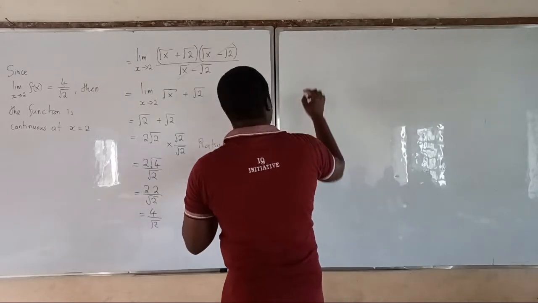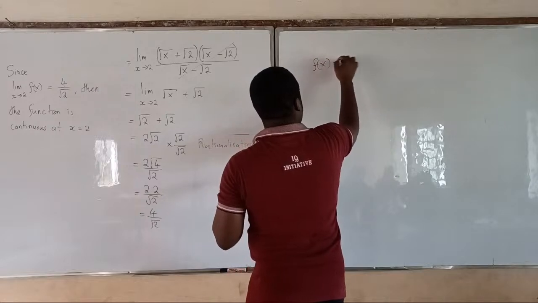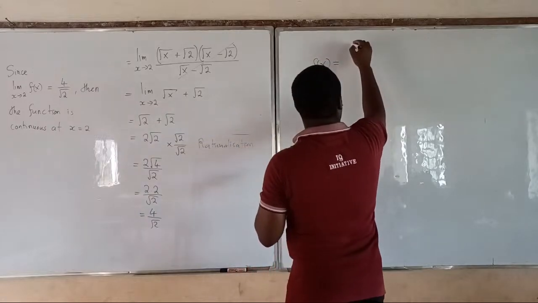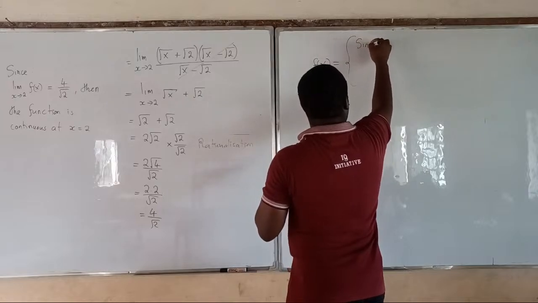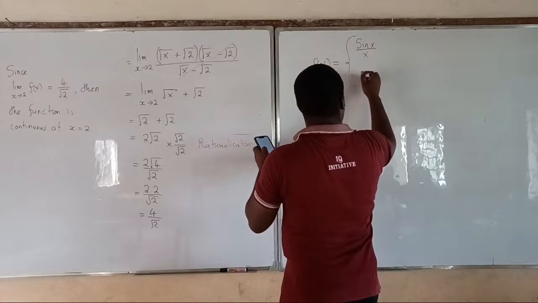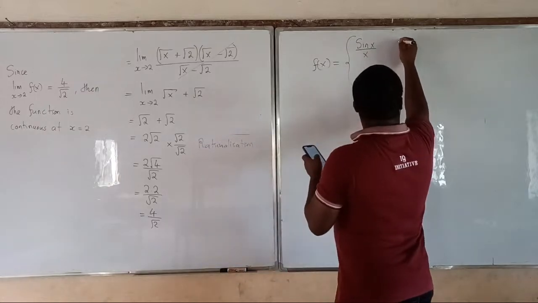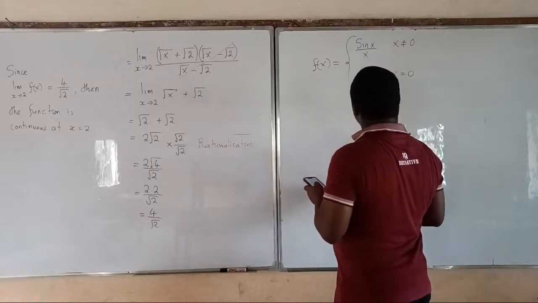This is now piecewise function mixed with calculus. So f of x is equal to sin x over x, where x is not equal to 0, but here, f of x is equal to 1 where x is equal to 0.